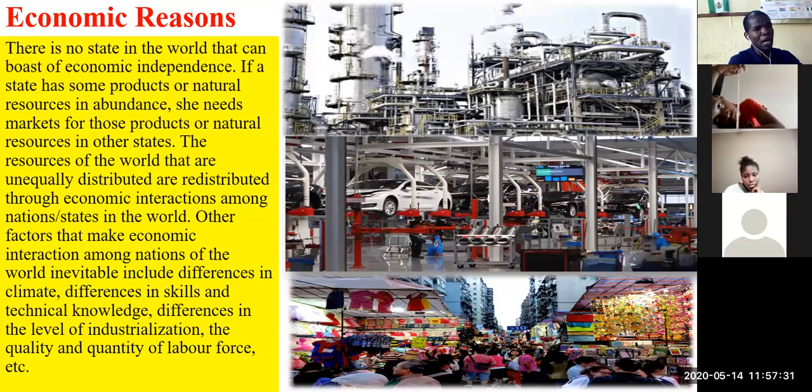And to ensure peace in the world, make sure there's friendly relation, and distribute the resources that are not naturally distributed equally. Interact with states, give them what they don't have, and get what they have for your own country. You get to know more about this in the topic of foreign policy.